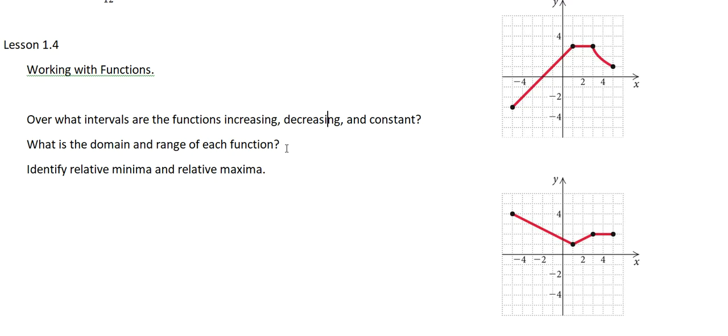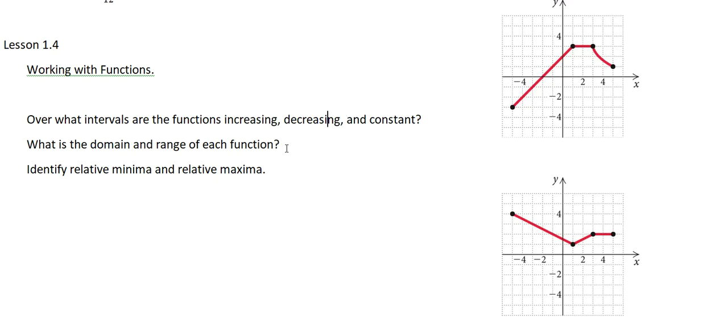Now, if you think of, say, the range of your little Nerf ball tossing toy that maybe one of your younger siblings has, it's very easy to think of range as the output. And then we think of domain as what you can put into the function.